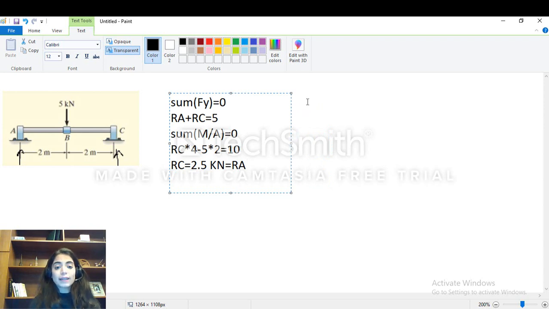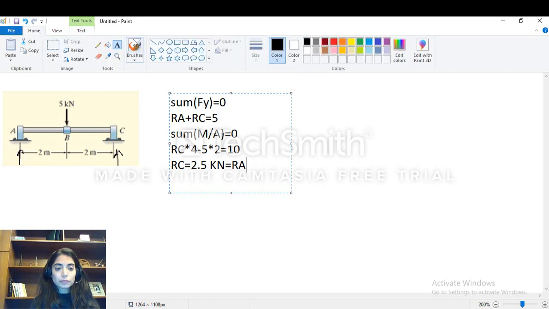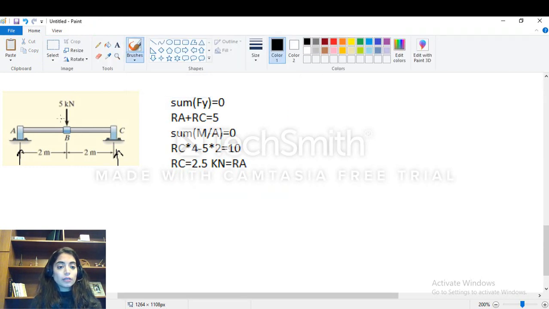Now the second step is to make the cut. And remember, I should make a cut before the force and after the force. So let's do it. I will start with this cut here.